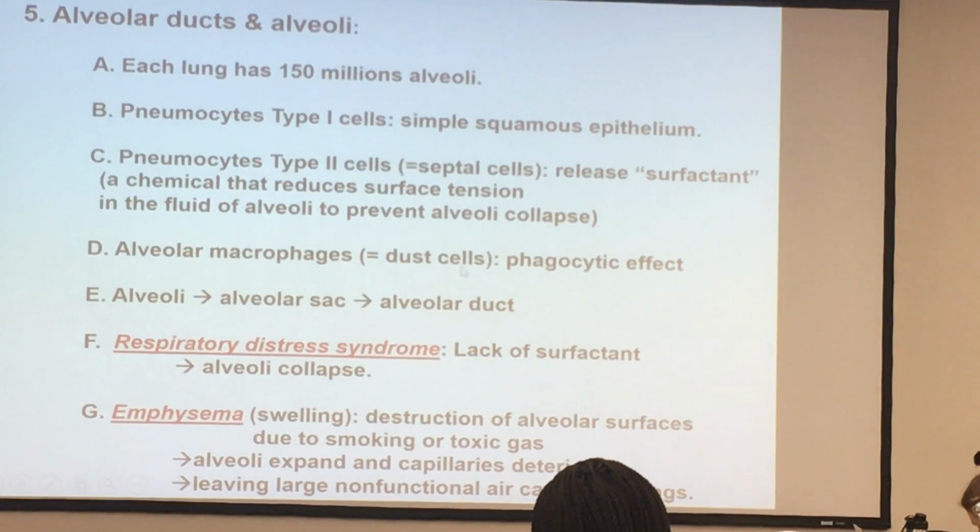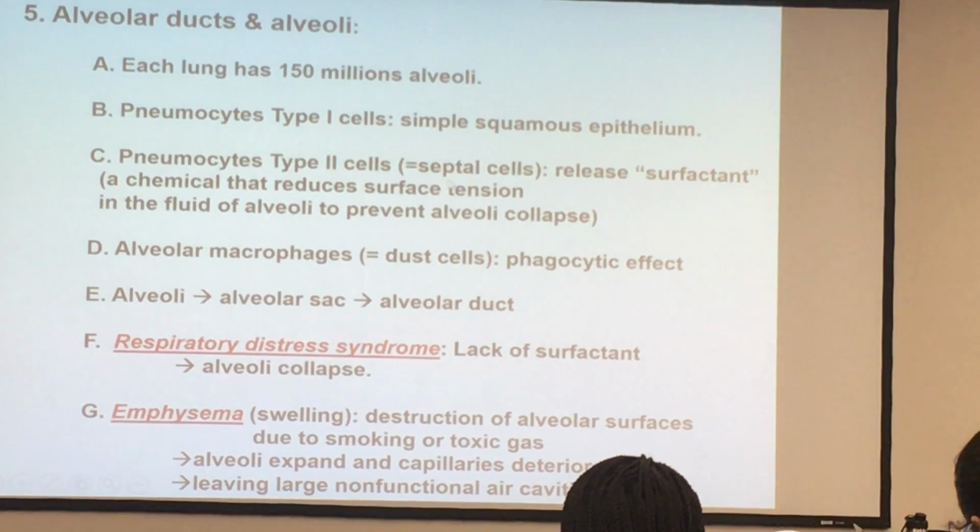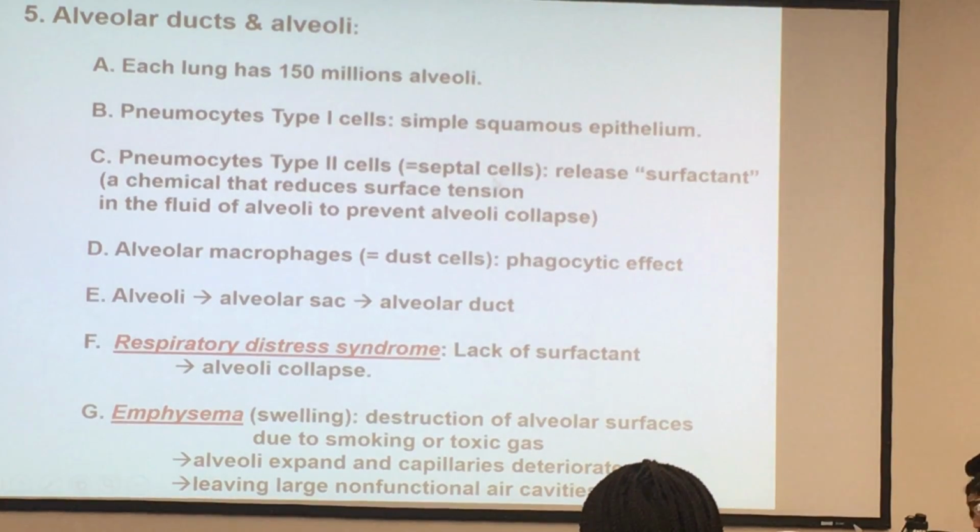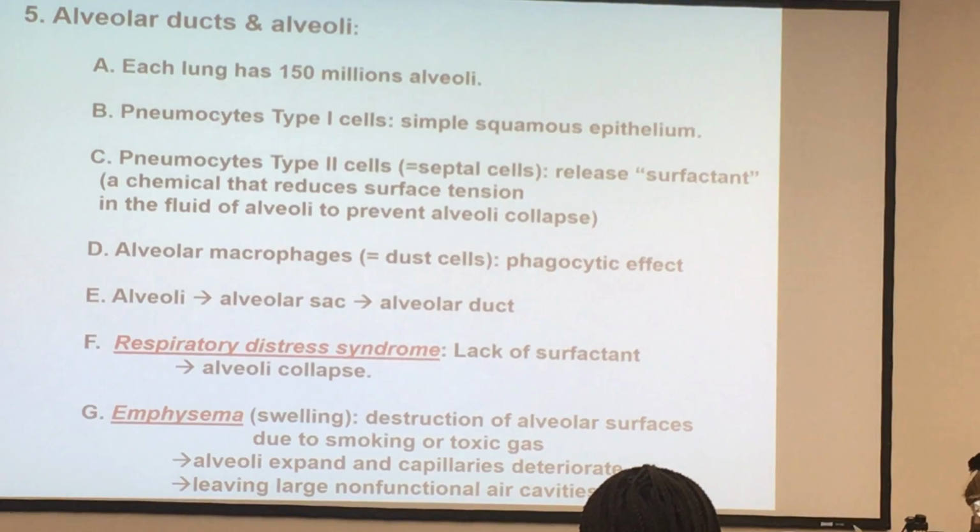Type 1 cell is a simple squamous epithelium cell for gas exchange. Type 2 cell, the other name is septal cell, releases surfactant, a kind of lipid to reduce surface tension and maintain the shape of the alveolus to prevent collapse.